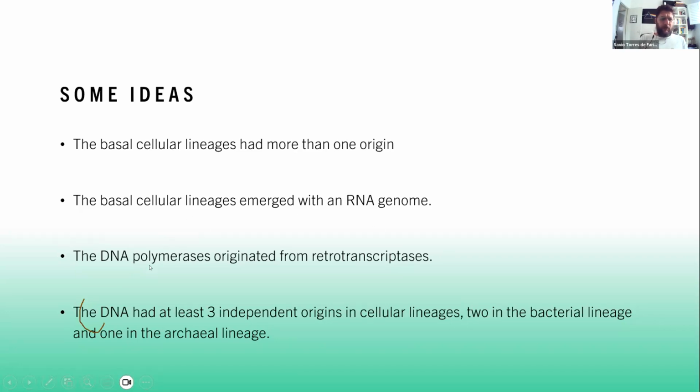The DNA polymerase originated from reverse transcriptase, and DNA had at least three independent origins in cellular lineages: one for the A family and another for the C family in the bacterial lineage, and one origin in the Archaeal lineage. And these origins were completely independent.